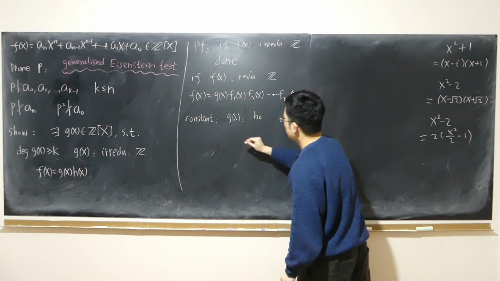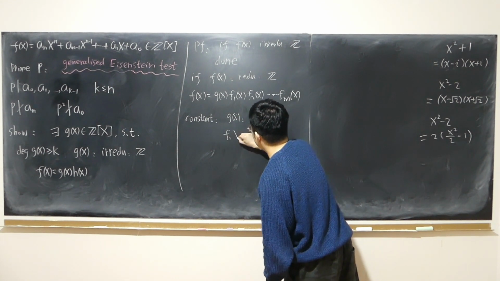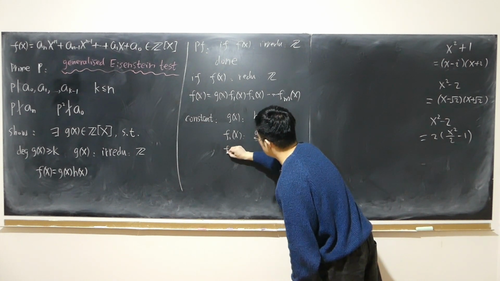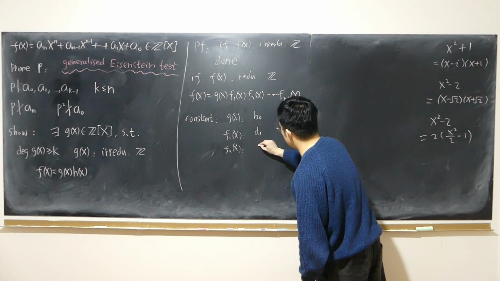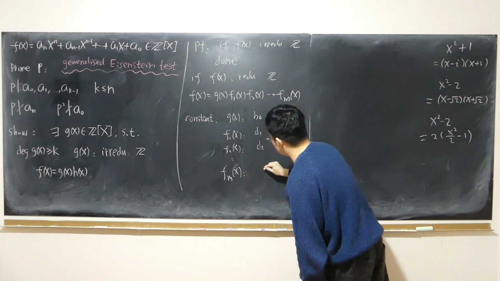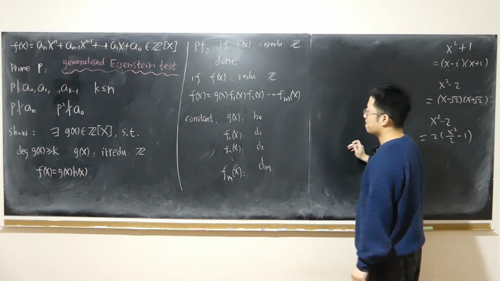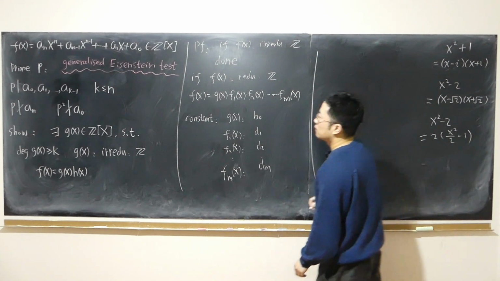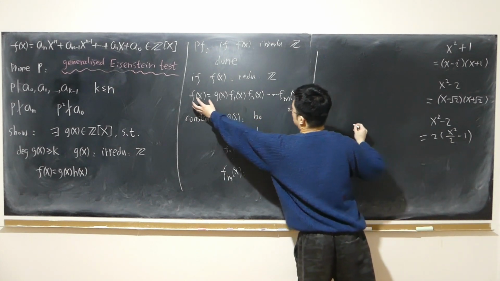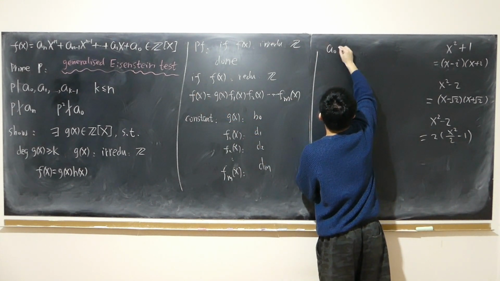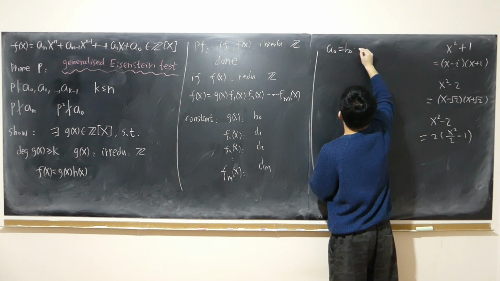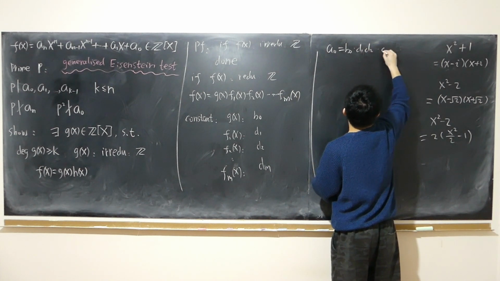The constant term for f1 is denoted d1, for f2 the constant term is d2, all the way up to fm with dm. So the constant a0 of this polynomial must be the product b0, d1, d2, all the way up to dm.